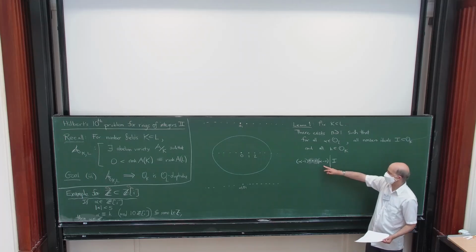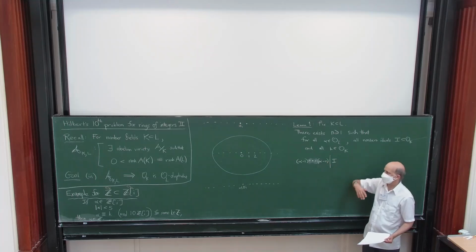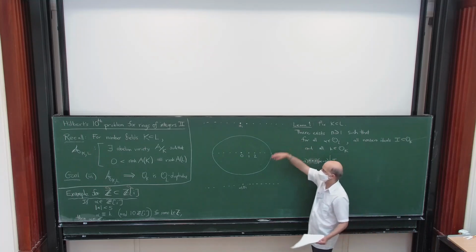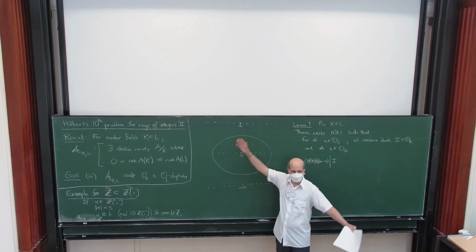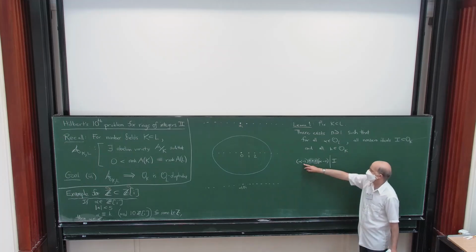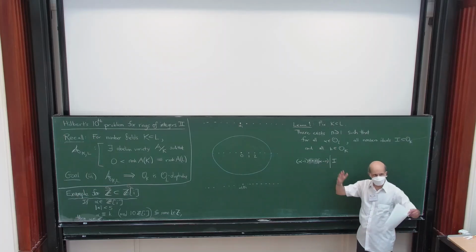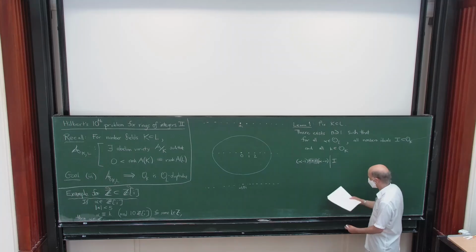But alpha dividing I would make the norm of alpha less than or equal to the norm of I. But that would not be enough for what I want to do, because that would still allow me to multiply alpha by units. And by multiplying alpha by a unit, it could make it very big in the sense of its absolute values. But if you put enough of these factors there, then it turns out that this will actually force alpha to be small in all absolute values compared to the norm of I.